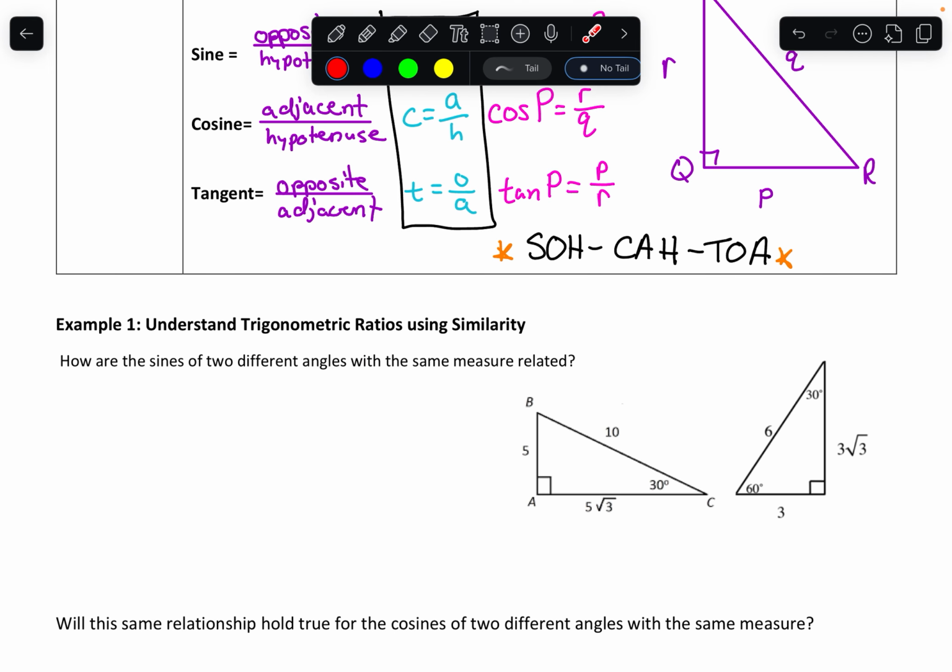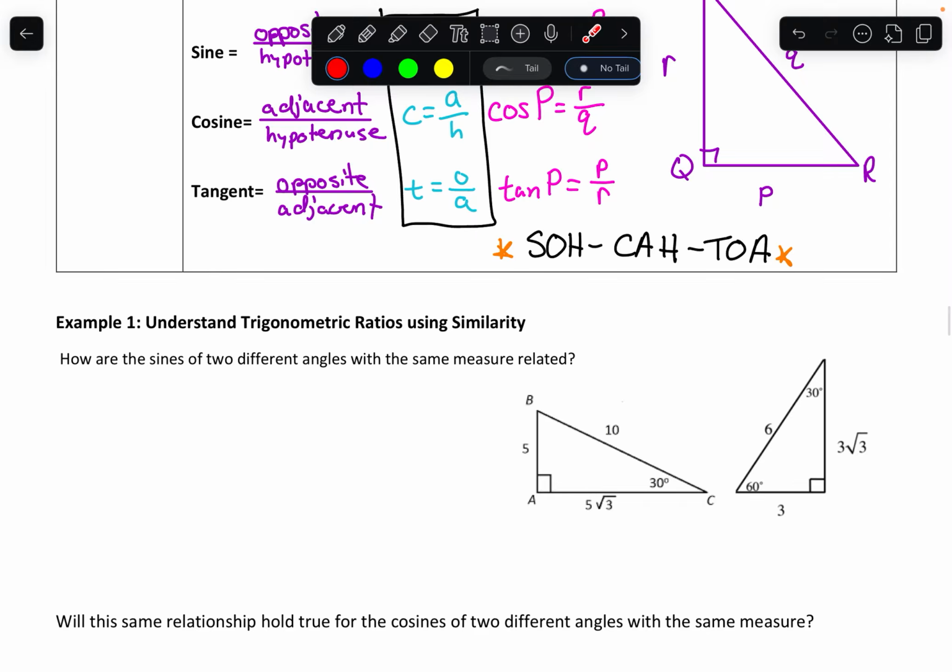I'm looking at two triangles here, and I notice that they're both 30, 60, 90 triangles. So these triangles have the same angle measures. However, they're different triangles. This triangle has different side lengths than this one. They're similar triangles. So we want to figure out if the side lengths of my triangle affect the sine of the angle. Okay?